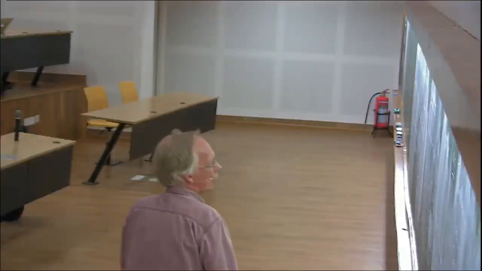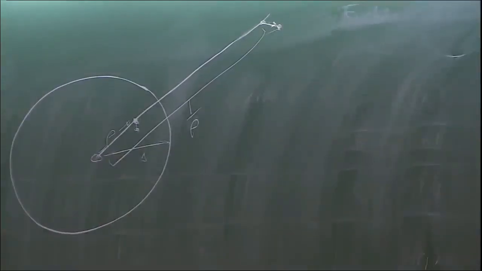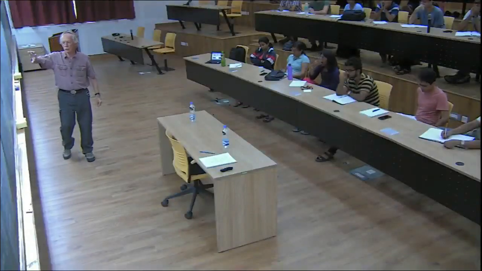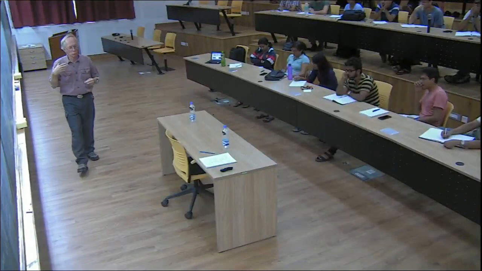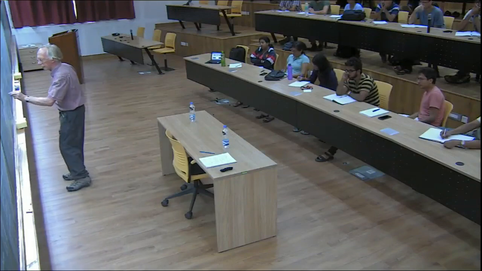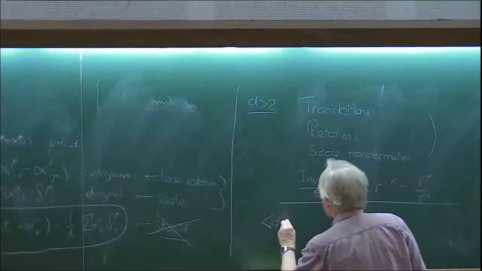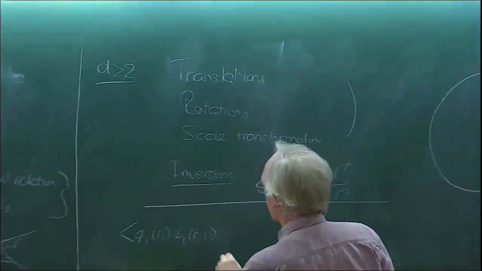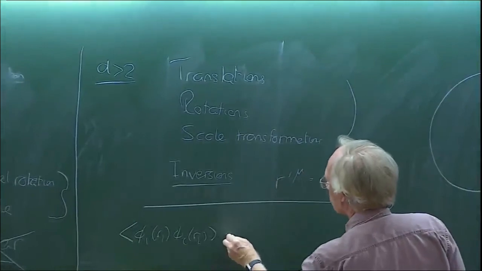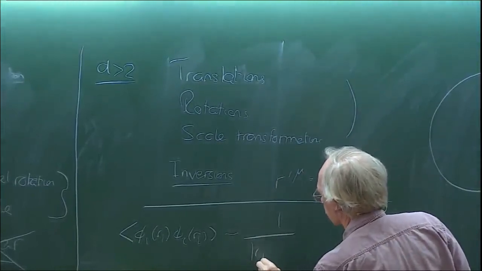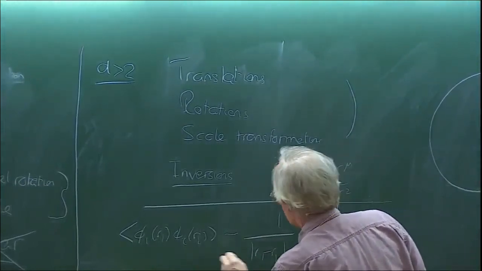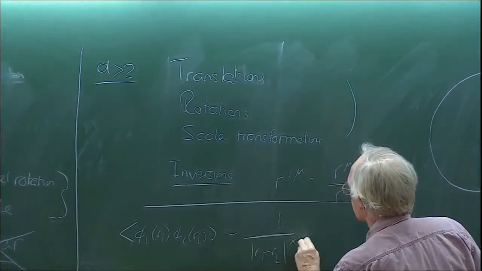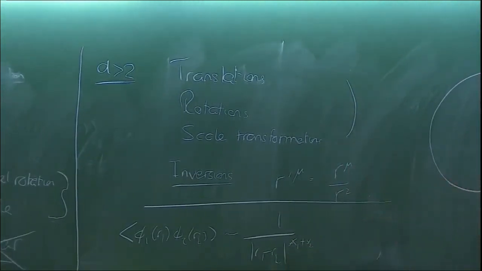Okay, so the fact that you have an extra symmetry tells you more information. So we said the fact that we had scale invariance, translational invariance, and rotational invariance told us the form of the two-point function, a function of x1 minus x2.